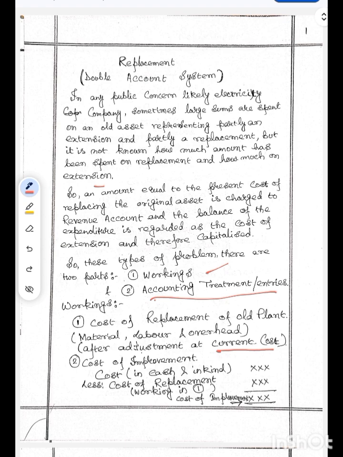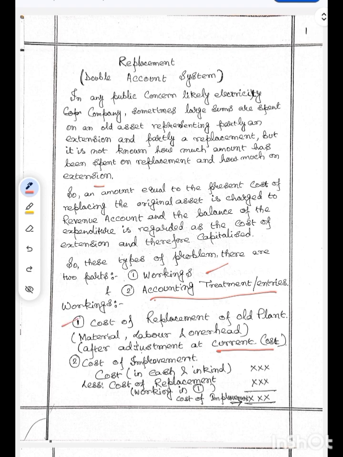It means that if we want to make a similar asset, plant or substation at the current cost, what expenditure would we have to incur? That is called the cost of replacement. This is our first working.